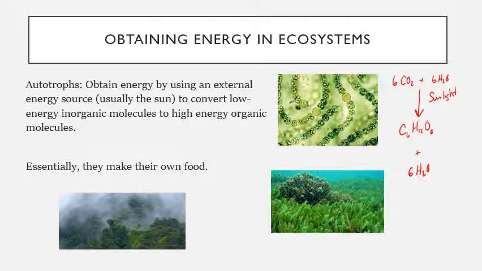Same thing for deep sea vents as well. But by and large, most of the energy that's obtained, that's fixed, comes from the sun. And it converts carbon dioxide and water into glucose through the process of photosynthesis. These are organisms that make their own food.